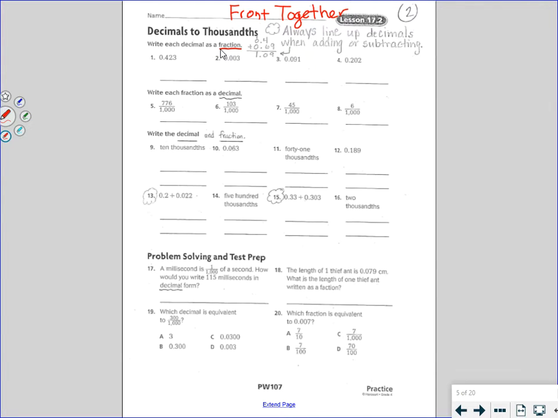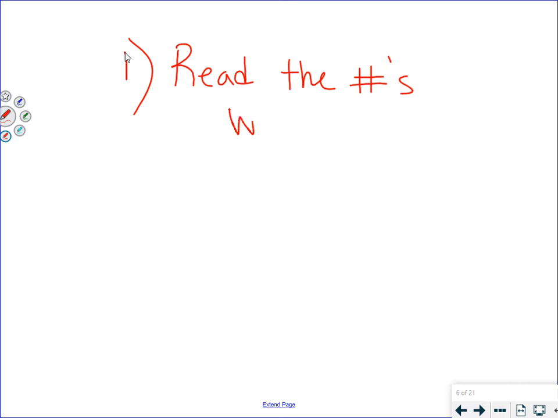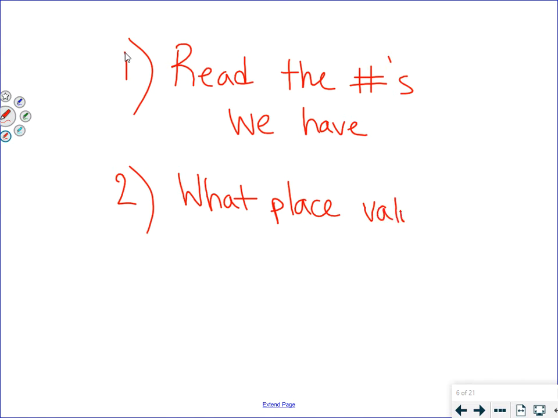Remember, when we write as a fraction, we want to first read the numbers that we have, and then lastly, what place value does it end in? That is what we're doing today.